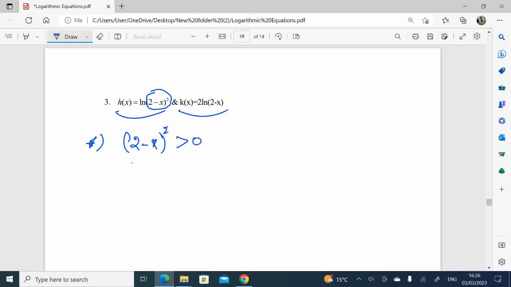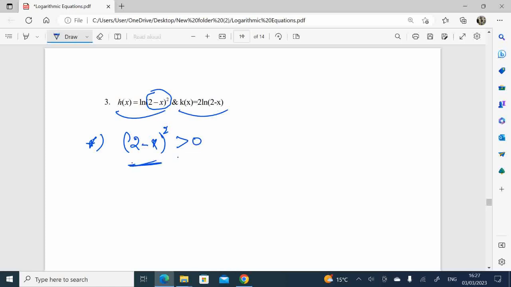Now, anything squared is always positive, right? But we should take care of something here: I don't even need it equal to 0, I need it strictly greater than 0.